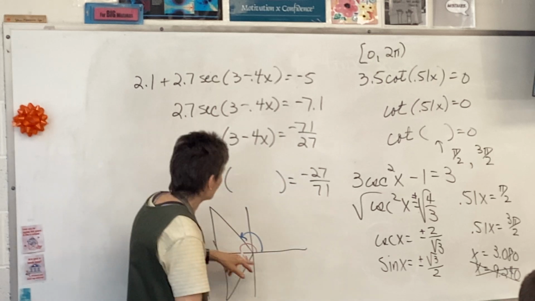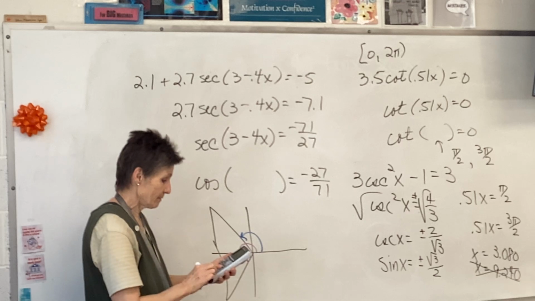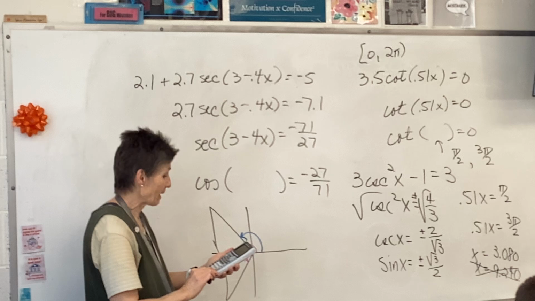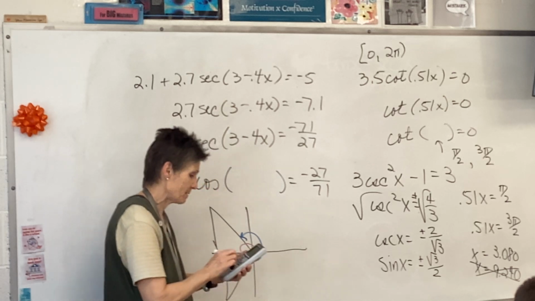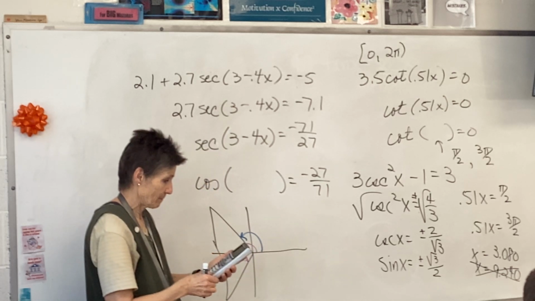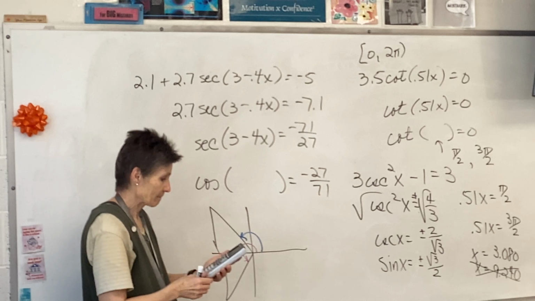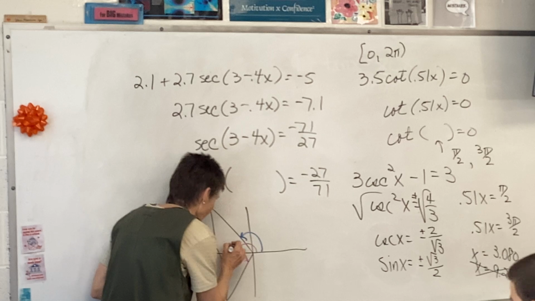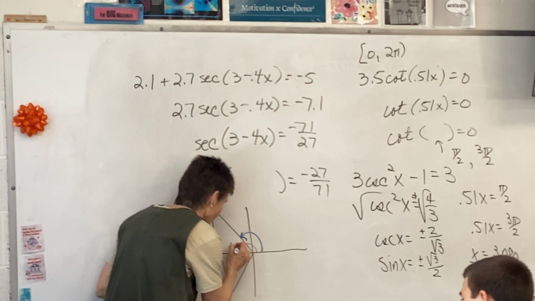Okay? So I am going to second cosine 27 divided by 71, and I'm not putting in the negative. Oh shoot, I need to breathe. I got 1.181. This angle right here is 1.181.